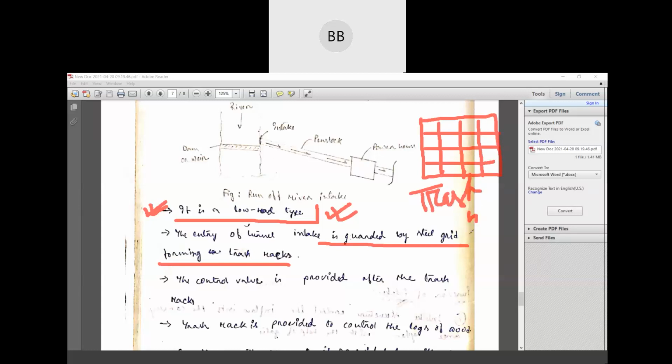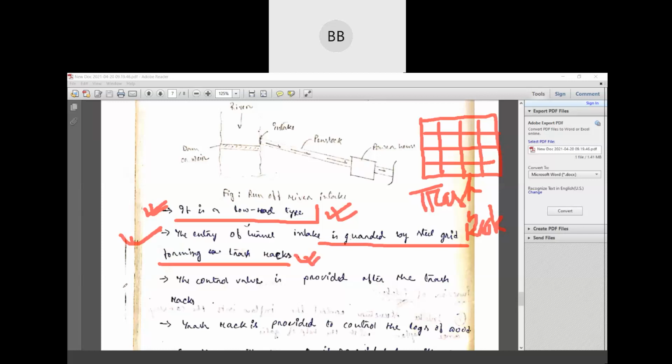So at the entry point we provide crest rack. Second point you write, the entry of tunnel intake is guarded by steel grid forming crest rack.